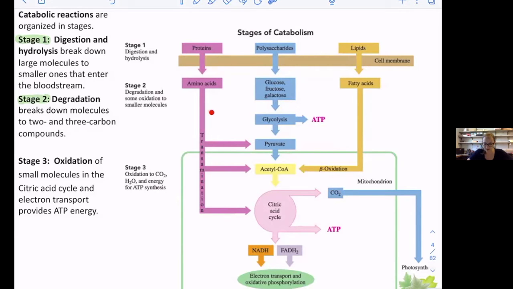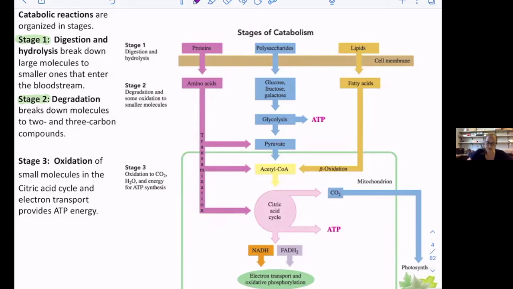Or amino acids are going to undergo transamination reactions to get to some of these other things. But in general, stage 2 is just going to be breaking down larger molecules into 2 or 3 carbon compounds.